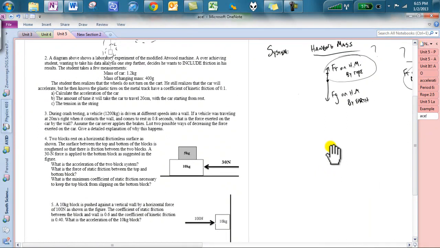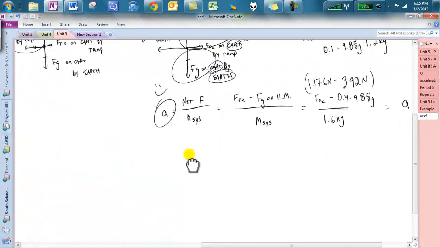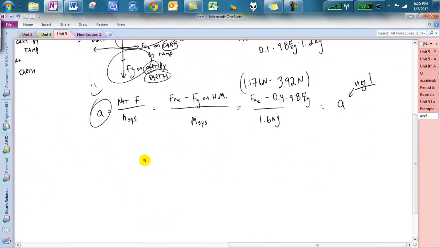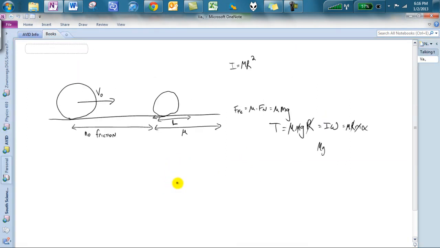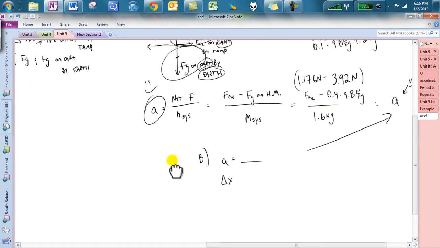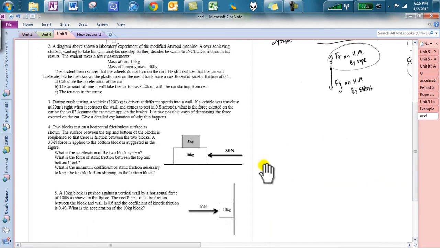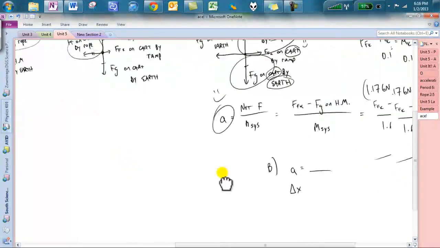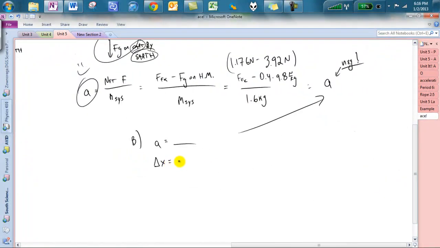Well, part B is going to be unit 3. So now in part B, we know the acceleration that is given from above. We know that delta x in this situation is 20 centimeters, so that would be 0.2.